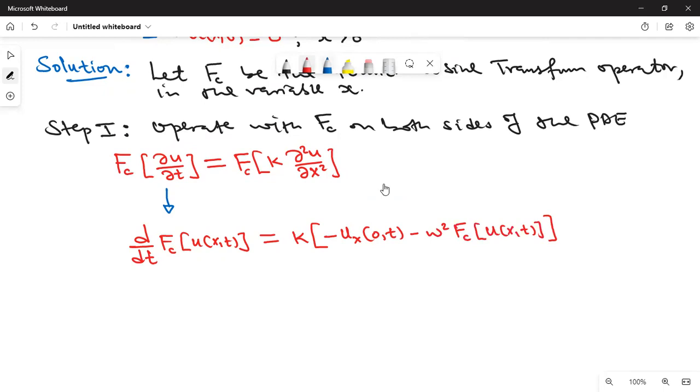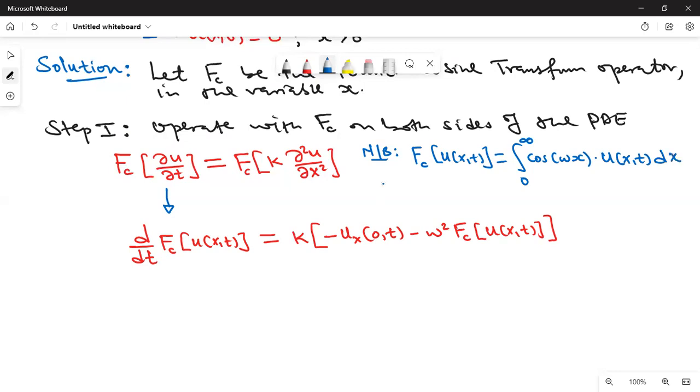Let me write a note, just in case you need to know how we define the Fourier cosine transform of a function. The Fourier cosine transform of u of x t is equal to the integral from 0 to infinity of cosine of omega x times the function u of x t, differentiating with respect to x.